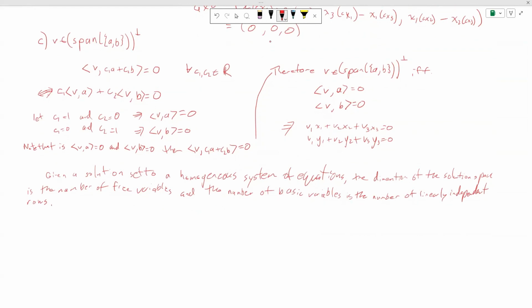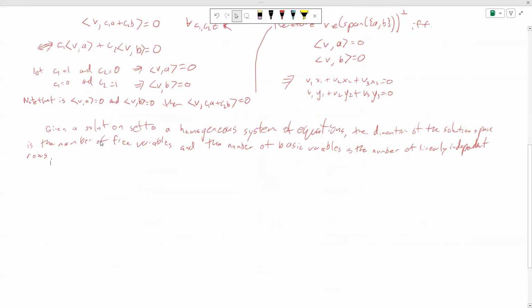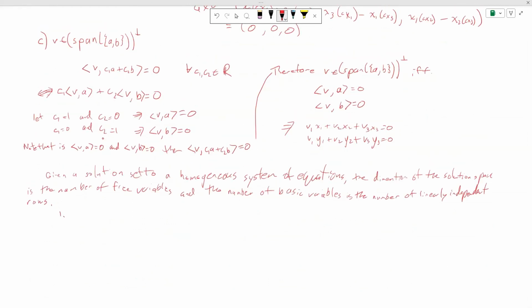For the first one, if I scroll up, if they're collinear, so if A and B are collinear, then our system of equations, which I'm just going to copy out here, has 0 or 1 linearly independent rows.